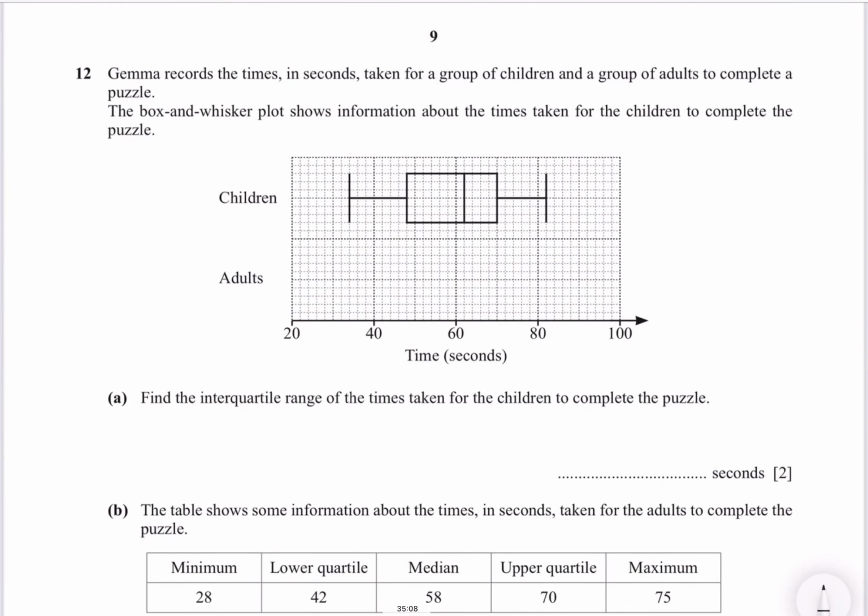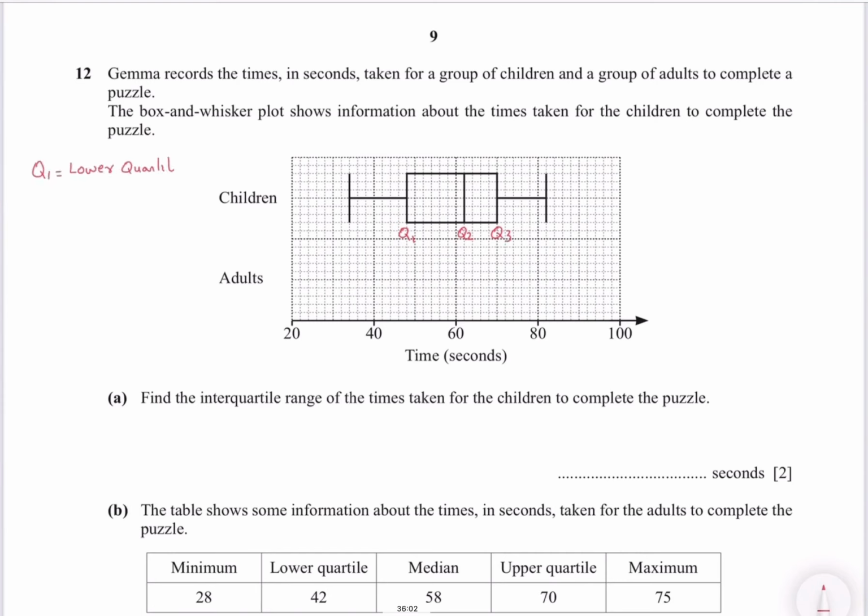Our question number 12. Find the interquartile range of the time taken for the children to complete the puzzle. The interquartile range is upper quartile minus lower quartile, and I'm marking Q1, Q2, Q3. Q1 is our lower quartile, Q2 is our median, and Q3 is our upper quartile.